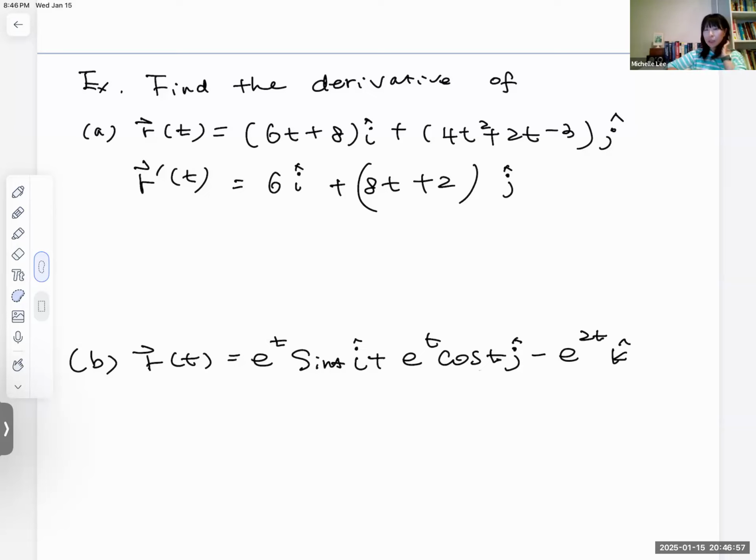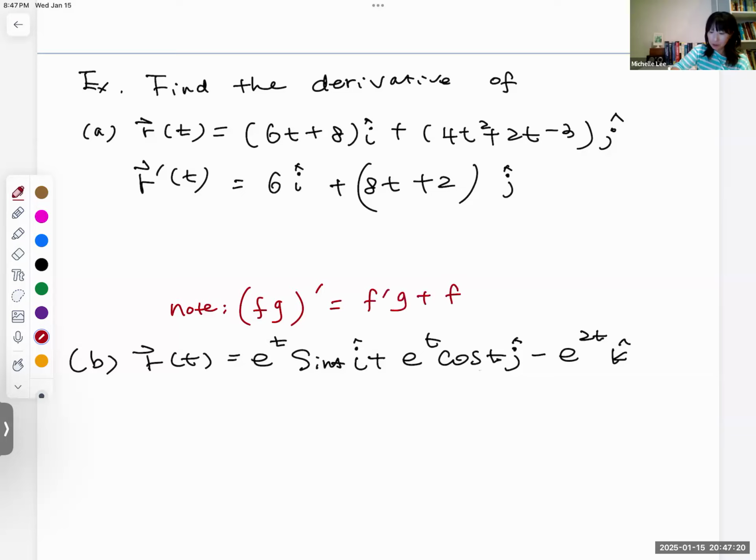So how do we differentiate respectively i, j, k? Very good. We are using the product rule. So we have f g, and we want to differentiate. Then f prime g plus f g prime, right?